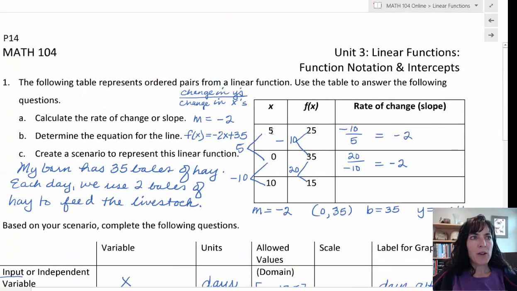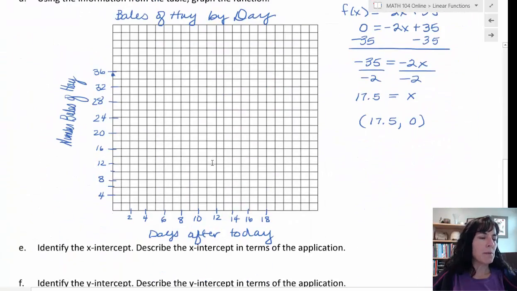My next ordered pair is 5, 24. So 5, 24 is right about there.